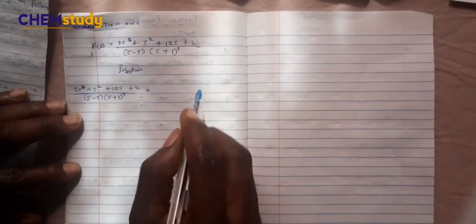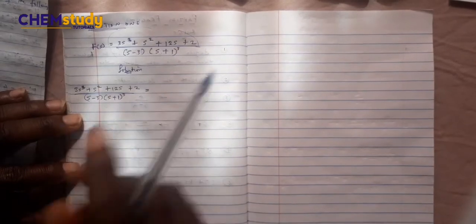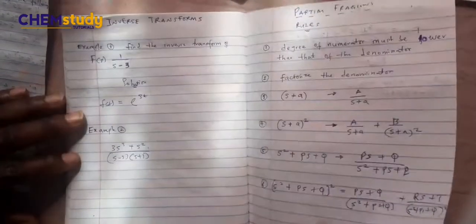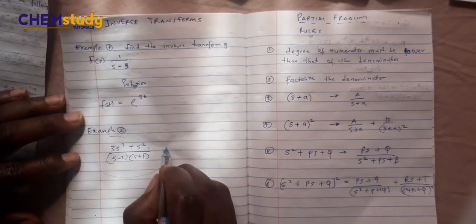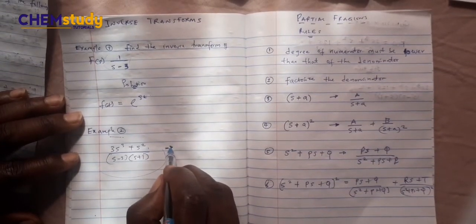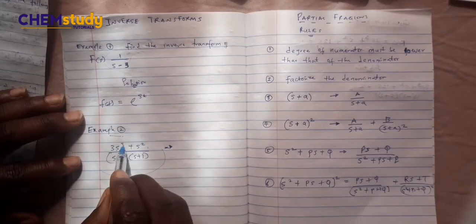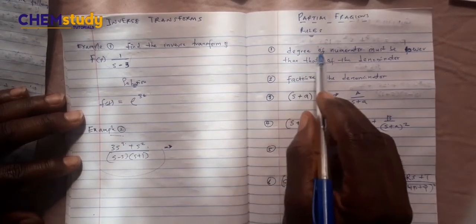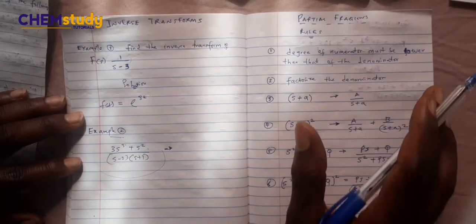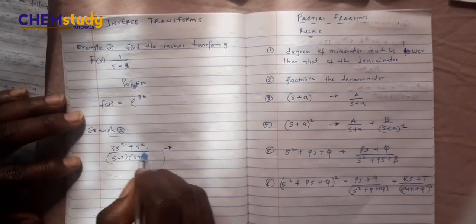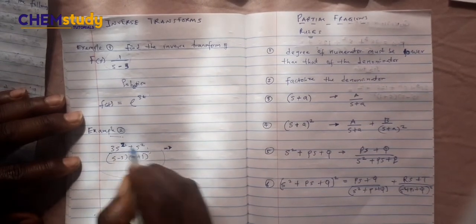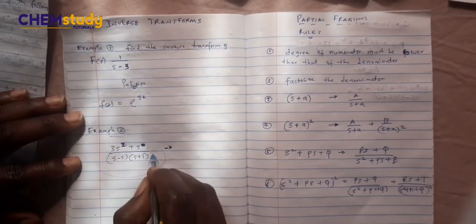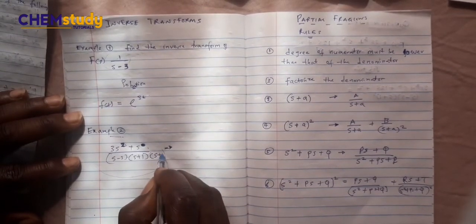Now, from the rules of partial fractions, we're going to break everything down into partial fractions. Remember when I talked about something like this in the previous class? The degree of the numerator must be lower than that of the denominator. So let me say this is s squared, this is s, and this is s plus 4.